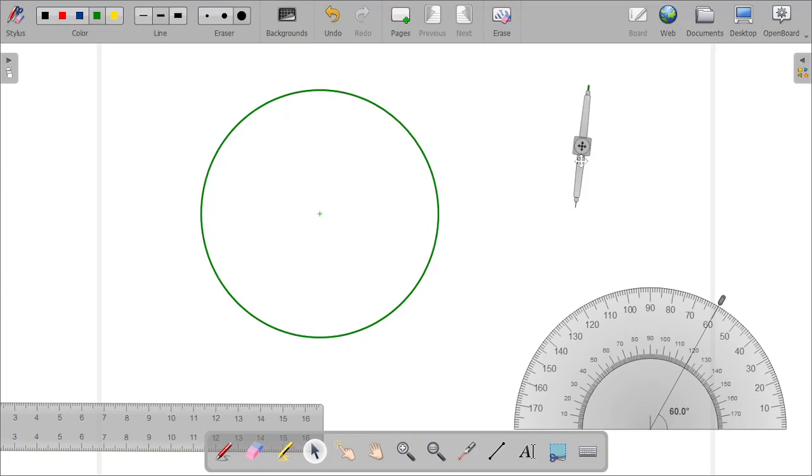Now you take your compass point and put it on any point on the circumference of the circle like this. All right, then you are going to make an arc that cuts the circumference of the circle.